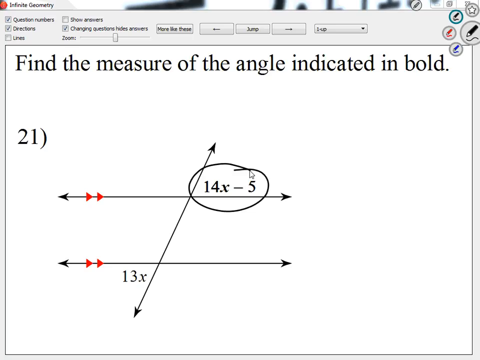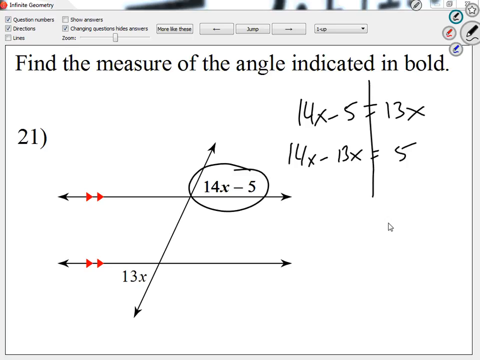So the way I'm going to set this up, I'm going to go 14x minus 5 is equal to 13x, because they're alternate exterior. So then I have 14x minus 13x equals 5. How big is x? x equals 5.